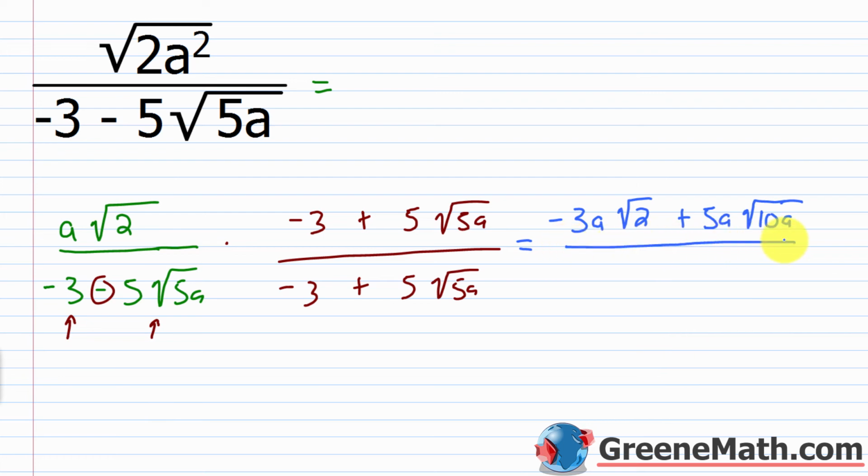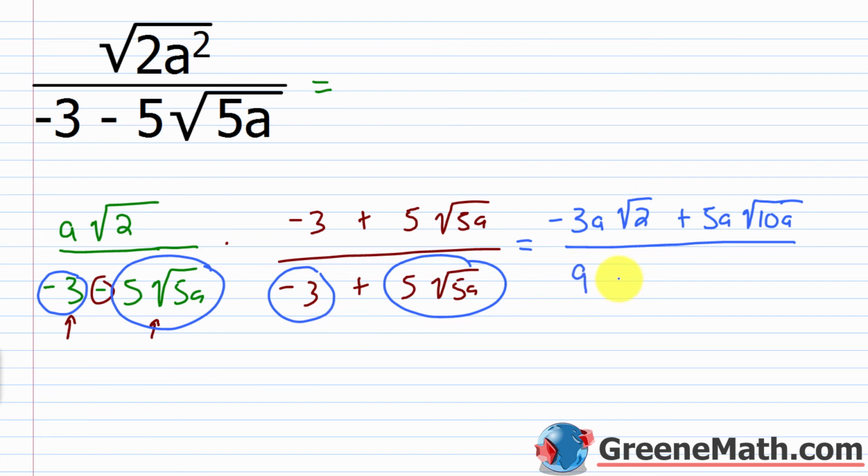Okay, what about my denominator? What can I do here? Well, again, we're going to use that formula. I've got the same term here and here, same term here and here. Signs are different, right? So square the first guy, square negative 3, you get 9. Then minus, square the second guy. 5 squared is 25. And then the square root of 5a squared would be 5a.